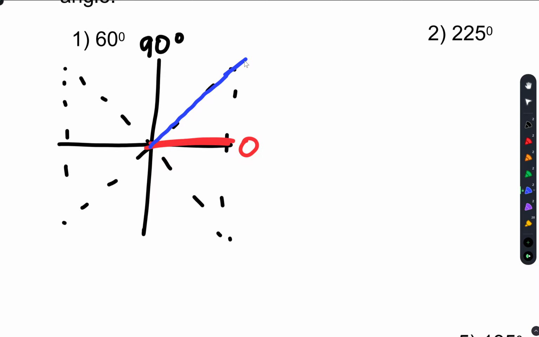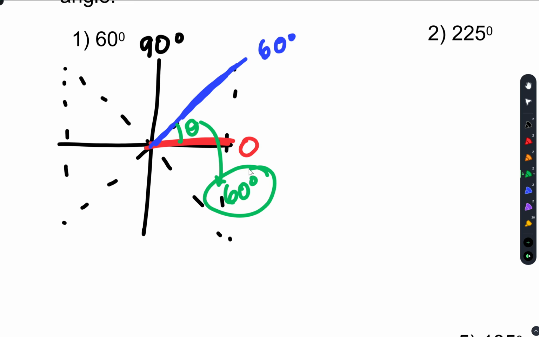So I know my terminal side is going to go here in quadrant 1. Then I'm thinking, okay, if this is 60 degrees right here, what is the distance between the x-axis, which is 0, and 60 degrees? This reference angle theta is a 60-degree angle. Does everybody see what happened there?